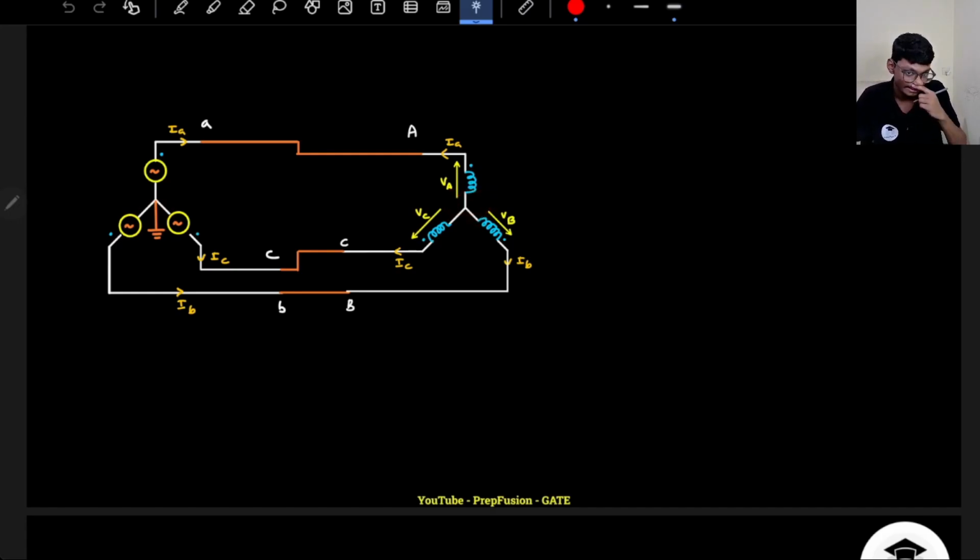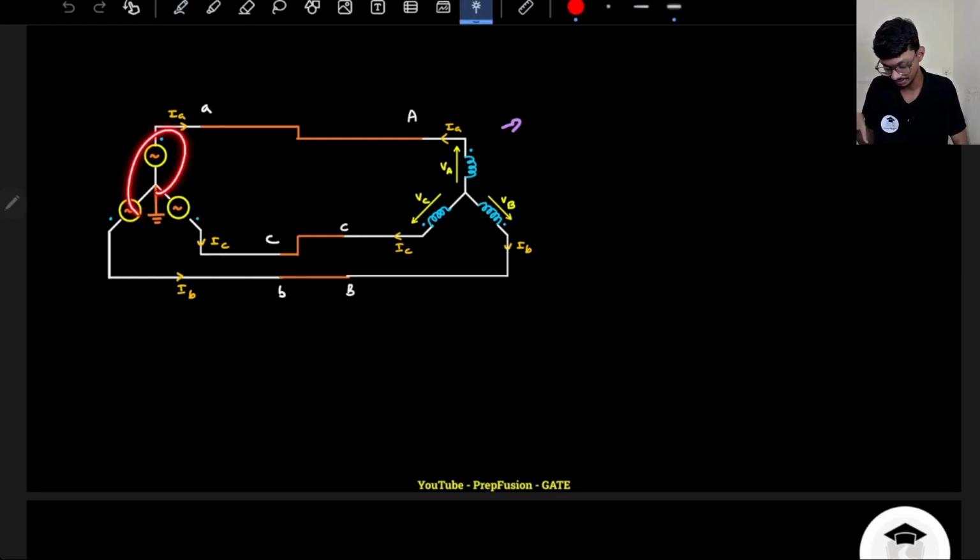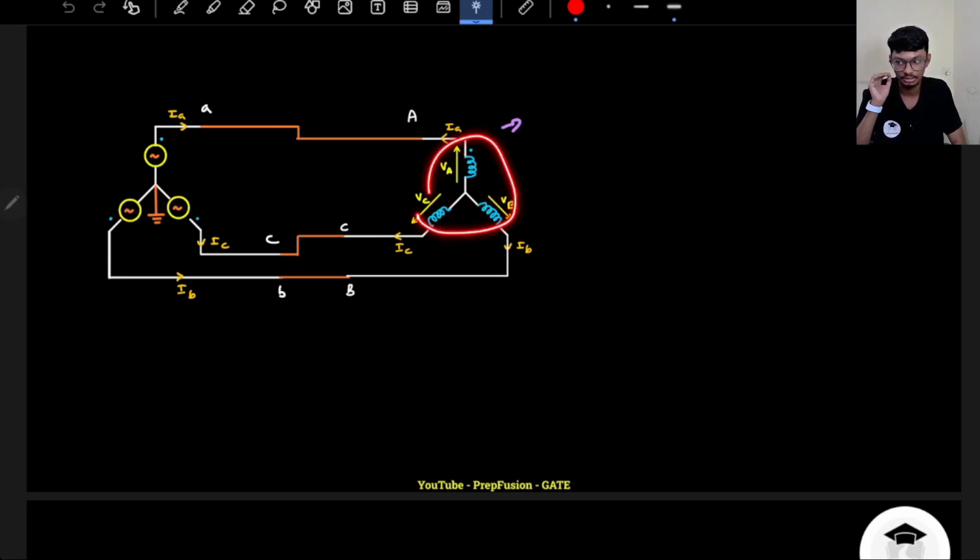So here the induced EMF will contain harmonics in both the primary and secondary in this case, because this neutral point is grounded, but this neutral point is not grounded. Even though the neutral is grounded, it is only on one of the sides. Let's assume this is the primary or this is the secondary, whatever. Or let's assume the primary of the transformer is not grounded, but the neutral of the secondary is grounded.